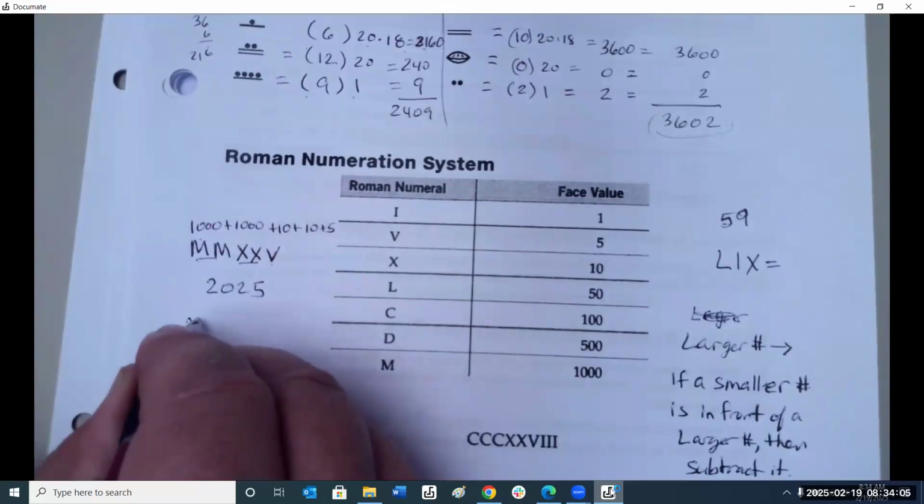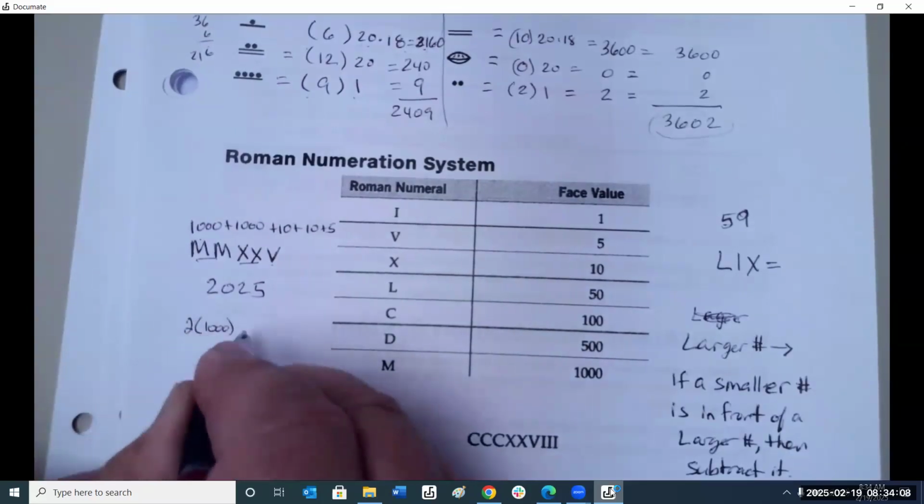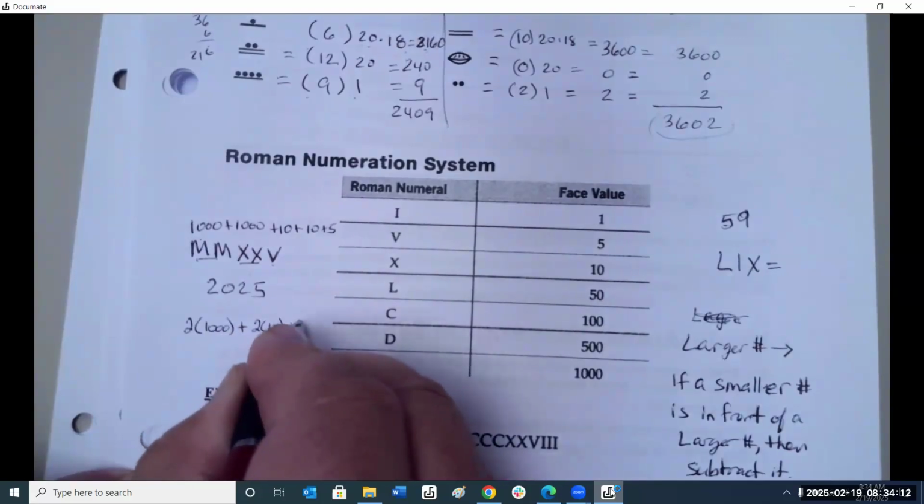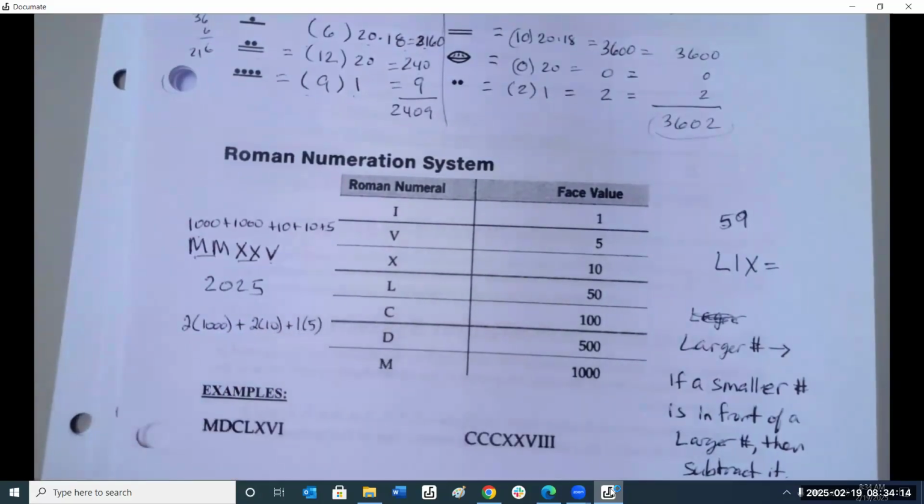We have 2 times 1,000 plus 2 times 10 plus 1 times 5. Same thing. Because how are addition and multiplication related? Same number, multiple times, right? Multiplication is turbo addition. It just does addition much faster. And we'll talk about that in this chapter.